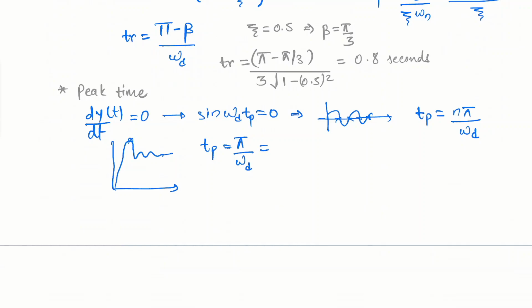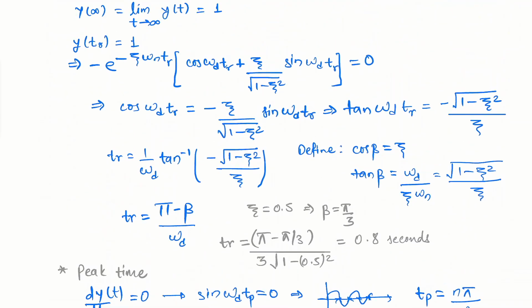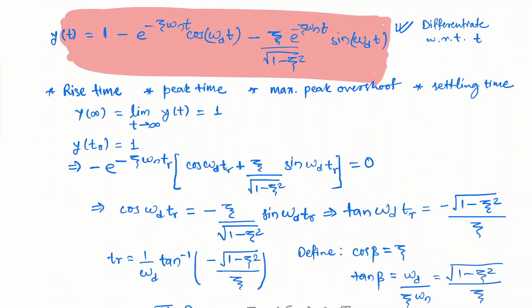For the case we are studying, omega d is 3 under root 0.75, which evaluates to 1.2 seconds. Now that we have the peak time, we can substitute it into y and find the value of the peak.